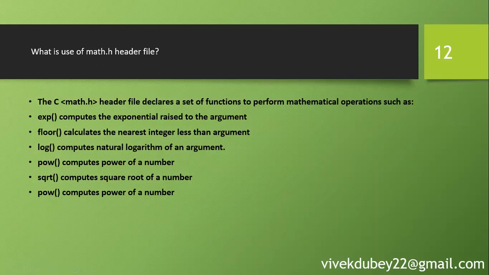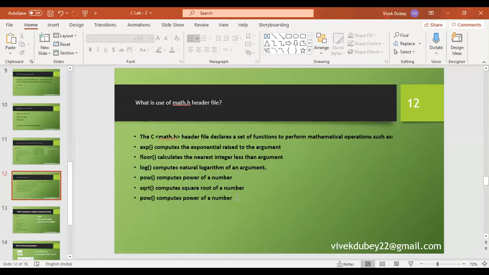This math.h header file declares a set of functions to perform mathematical operations such as exp for exponential, floor for the nearest integer less than the argument, log to compute the natural logarithm of an argument, pow computes the power of a number, and sqrt computes the square root of a number.